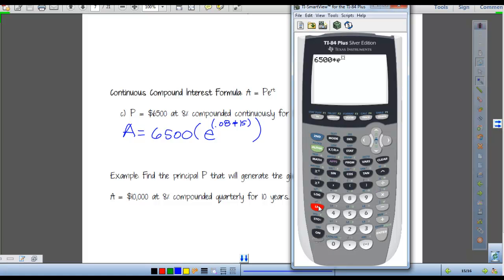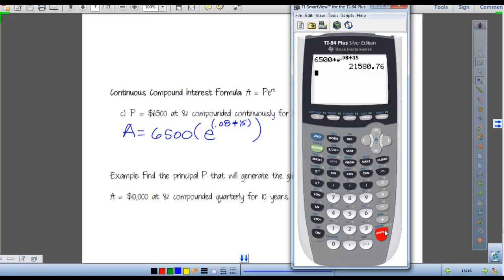It gives me a place for my exponent, so I'm going to do 0.08 times 15. I actually didn't need that. Okay, and so we'll hit enter. I get $21,580.76. That's my accrued value.